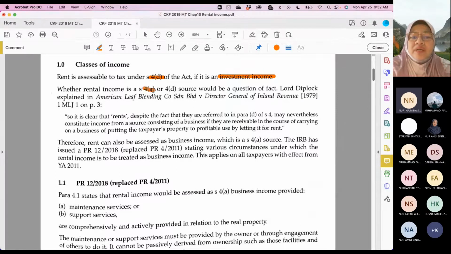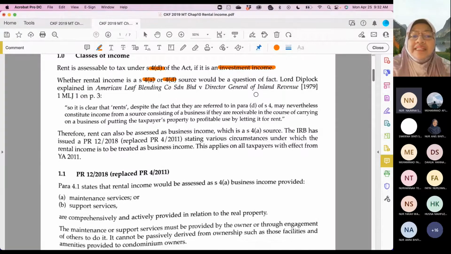Whether rental is section 4A or 4D later we will see. It is a question of fact, and Lord Diplock explained in American Leaf Blending that rental, despite being referred to in paragraph D, may nevertheless constitute income from a source of business if receivable in the course of carrying on business.